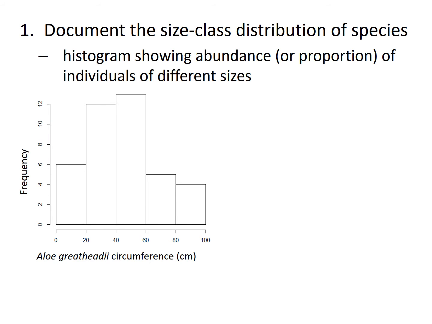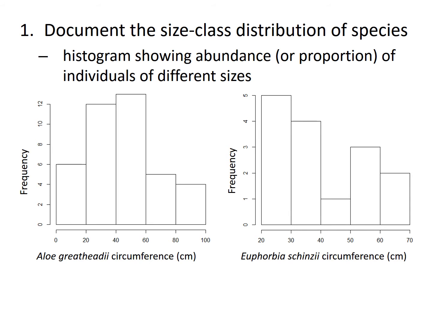So here, for example, we have the histogram for Aloe greatheadii and then for Euphorbia schinzii, so both common succulents at the Magaliesberg site. And what you can see here is that there's slightly different shapes for the 2 of them.